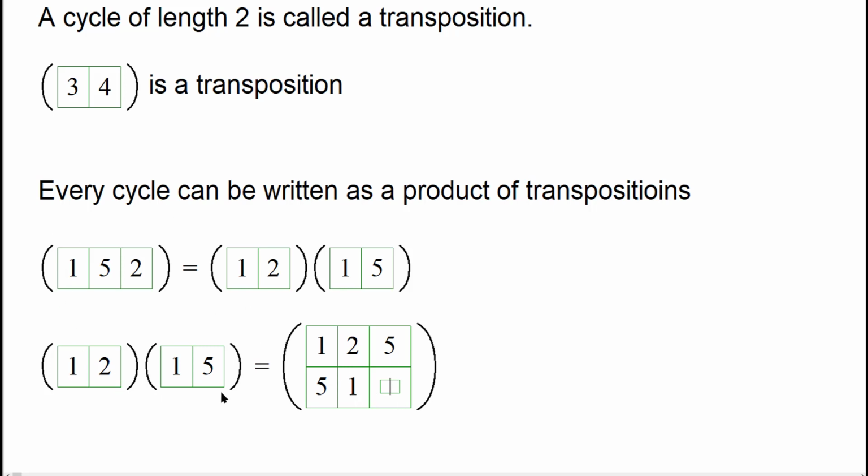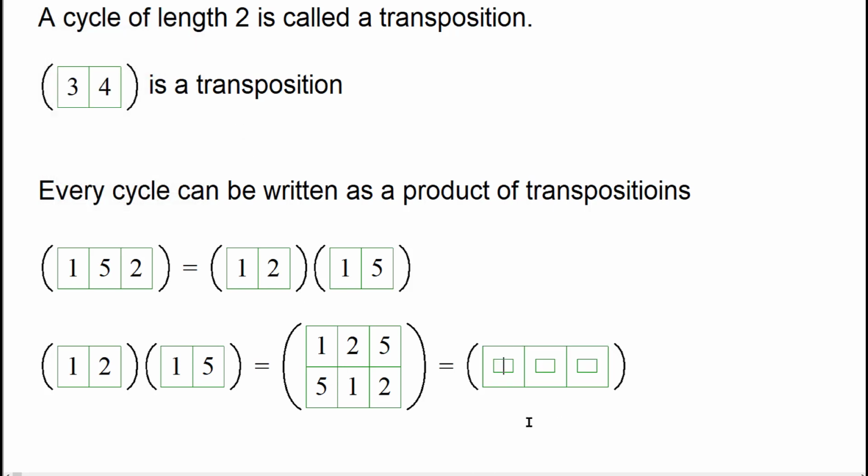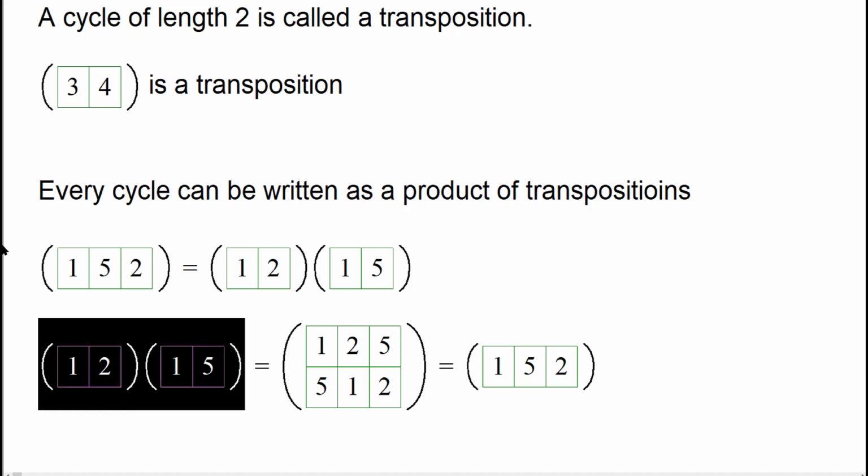So 2 goes to 1 and then 5 goes to 2. Or if you want, you can go back to this notation: we can start at 1. 1 goes to 5, so we can write a 5 here. Then 2 is left. So you can see this product is the same as this cycle.